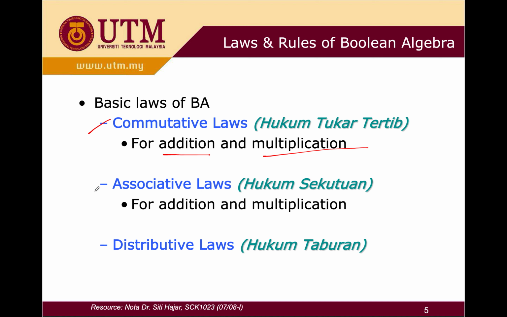And then you have the associative law, which is hukum sekutuan, still under addition and multiplication. And lastly, the distributive law, which is hukum taburan. So in theory you need to remember there are 3 laws for Boolean algebra. So just the basics.